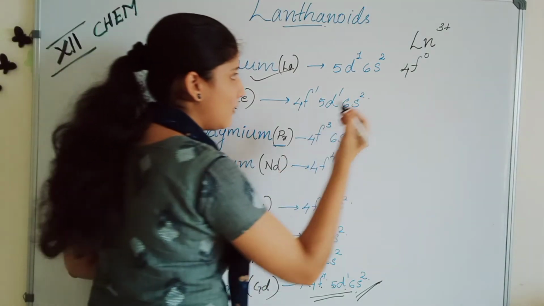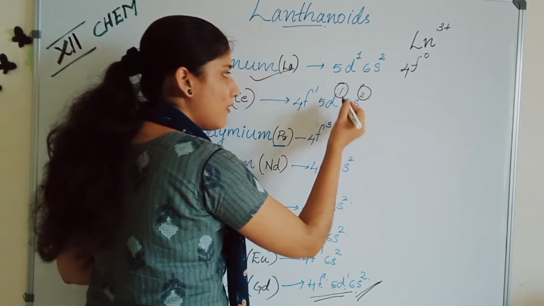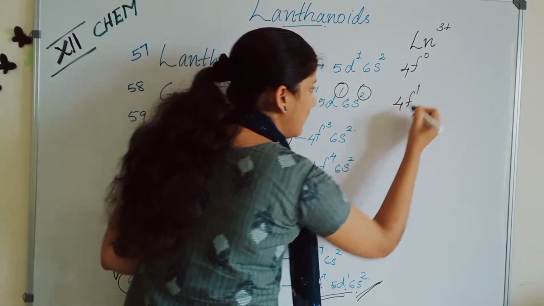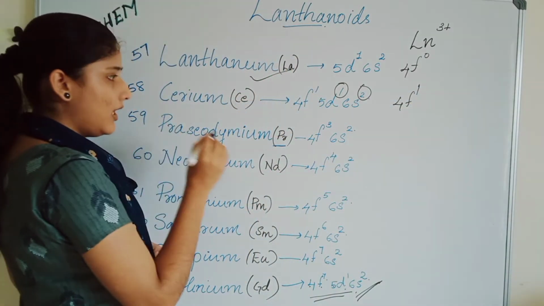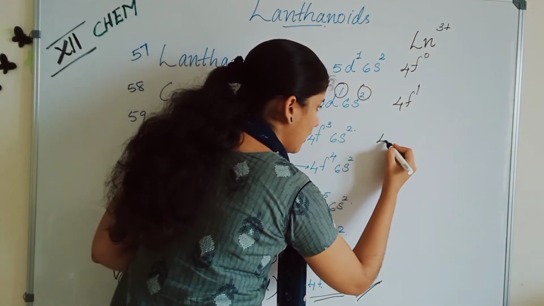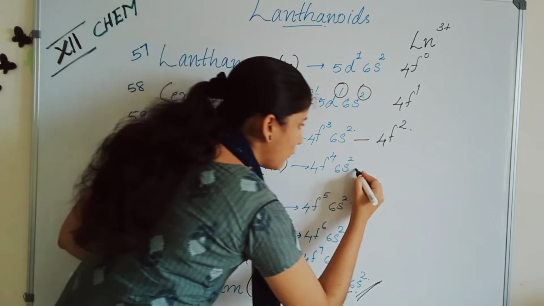For cerium, 3 electrons, 2 from s and 1 from d, are lost, so it will be 4f1. For praseodymium, when we remove 3 electrons, it will be 4f2. Here it will be 4f3.